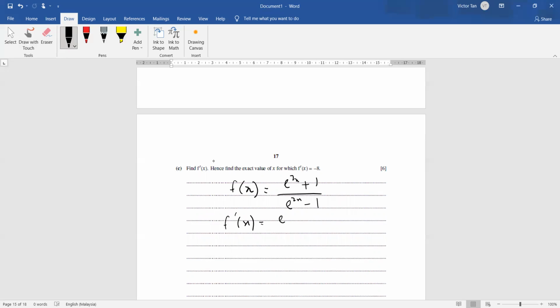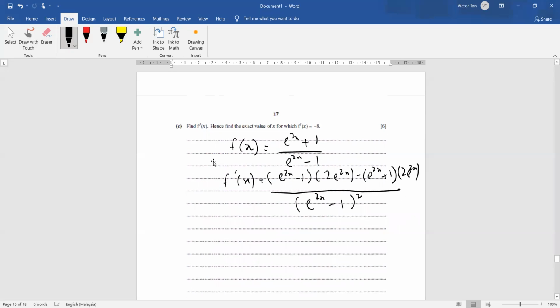So this is e to the power of 2x minus 1. Differentiating e to the power of 2x, you get 2e to the power of 2x, minus e to the power of 2x plus 1, same thing, over e to the power of 2x minus 1 squared, equals minus 8. I'm going to simplify.